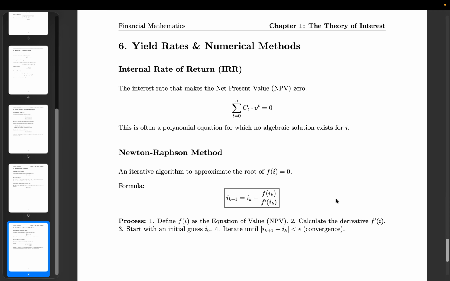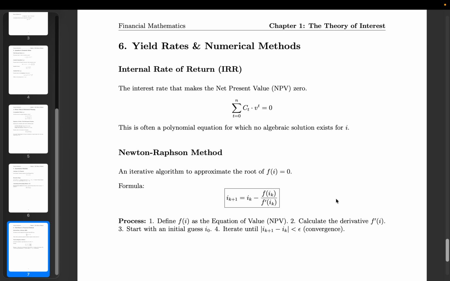We have arrived at the final frontier of Chapter 1, Section 1.6, yield rates. So far, we assumed we know the interest rate i, but in the real world, you often don't. You know the price you pay, the outflow, and you know the cash you get back, the inflow. The question is, what is the return on investment?